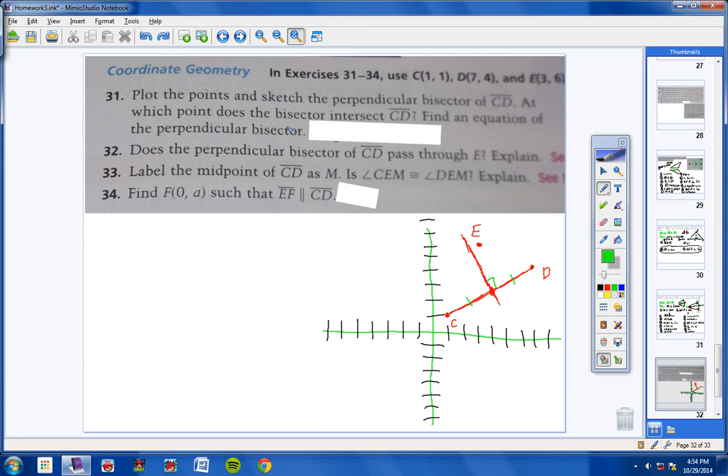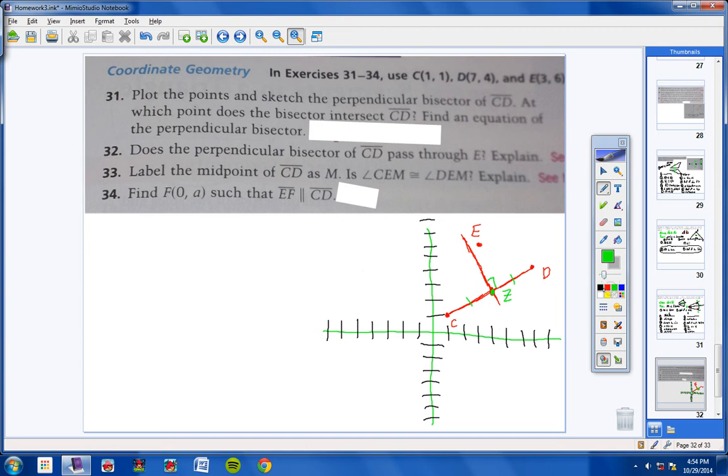Now, moving on, at which point does the bisector intersect CD? So let's call this point here Z, I guess. So we'll call this point Z right here. Where is that point? What is this point right here? Well, students, we should know that. I mean, look, we've learned how to find the midpoint between 2 points.